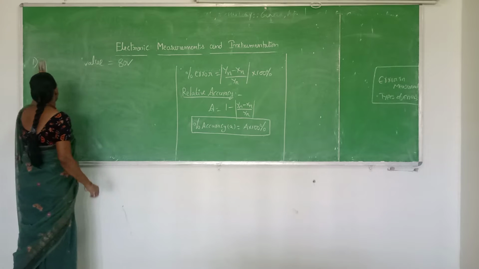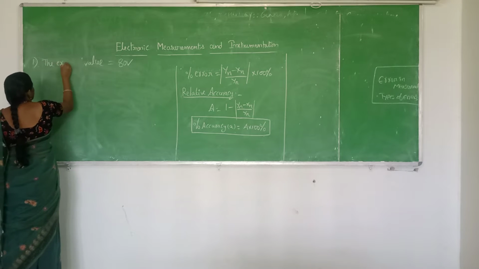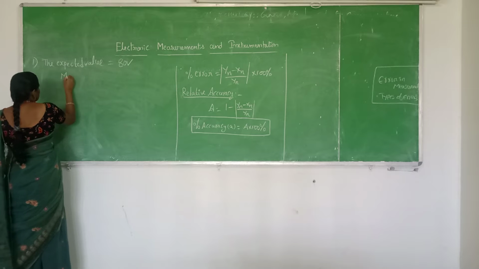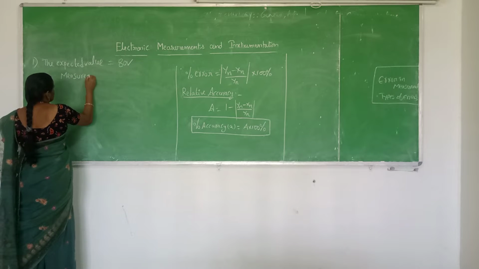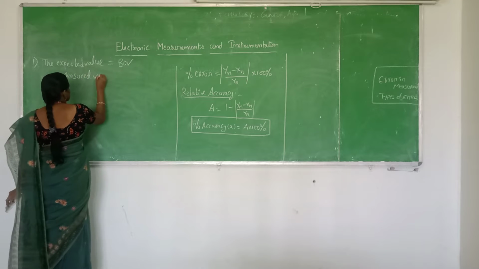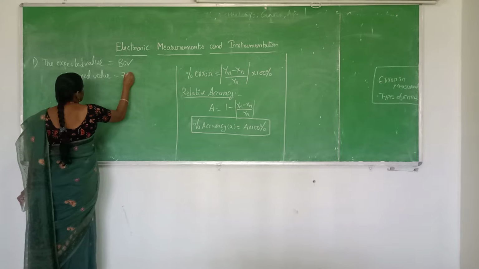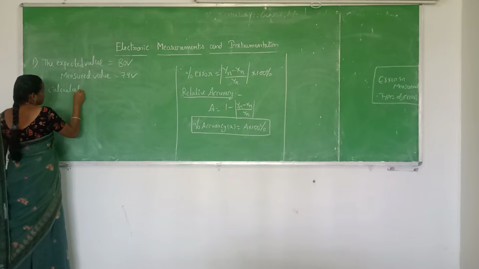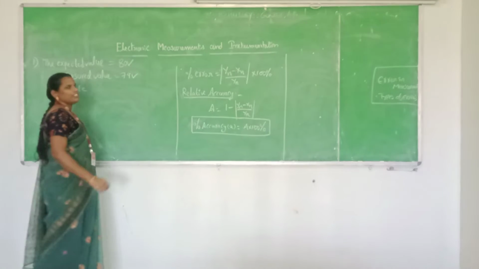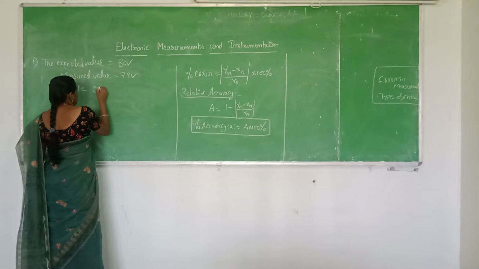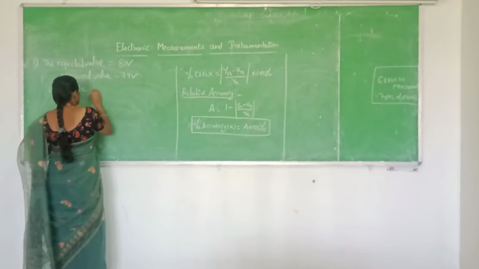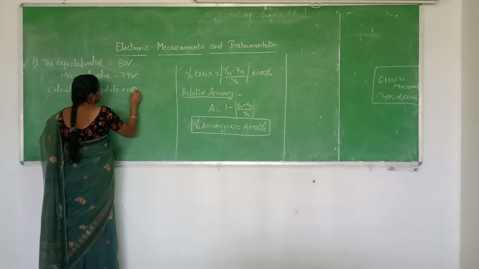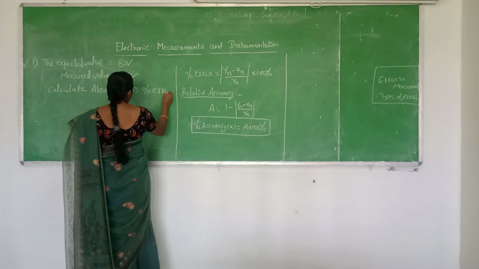If the expected value is 80 volts, and the measured value, meaning the value which we get with the help of the instrument, is 79 volts, then calculate first the error, which may be the static error or absolute error, and then the percentage of error.